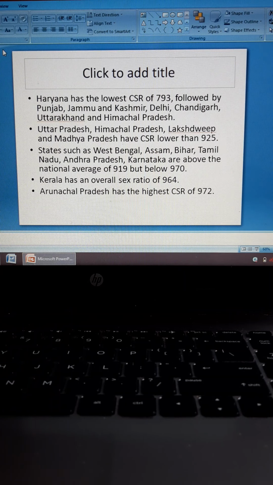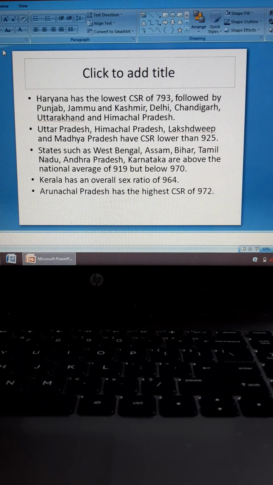You need to remember these. Uttar Pradesh, Lakshadweep and Madhya Pradesh have CSR lower than 925 females per 1000 males in the age group 0 to 6 years.